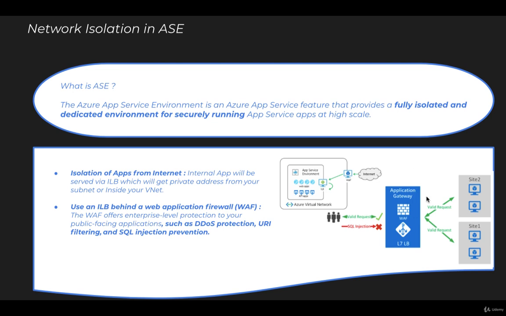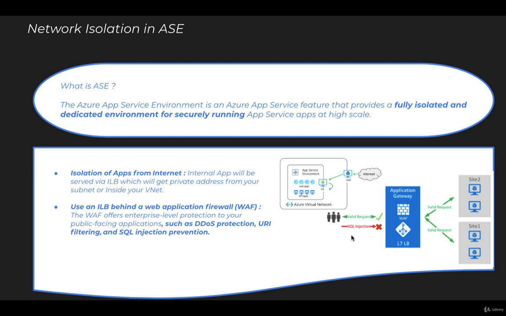ASE is isolated to running only a single customer's workload or application and is always deployed into the virtual network. Customers have fine-grained control over the inbound and outbound traffic flowing for the application.